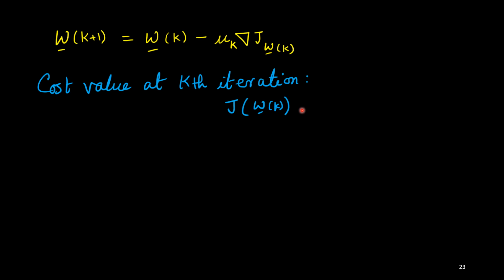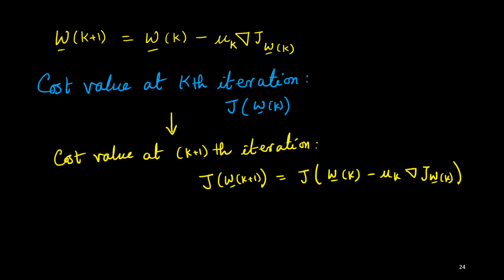First we consider the cost function at the kth iteration. At the kth iteration, the cost is J of wk, right? And at the k plus 1th iteration, the cost is J of wk plus 1. Now we can replace wk plus 1 by wk minus mu k times the gradient at wk.